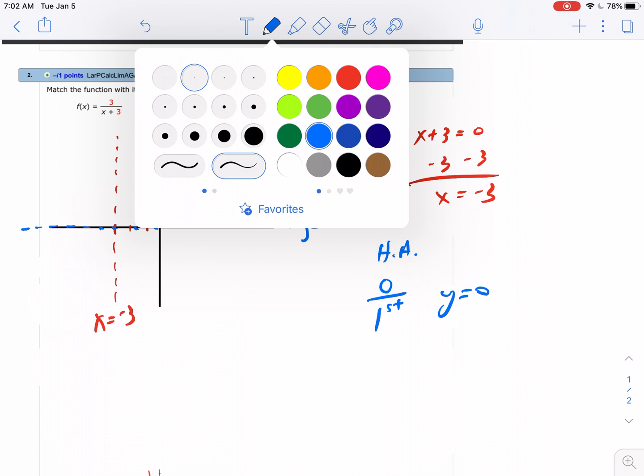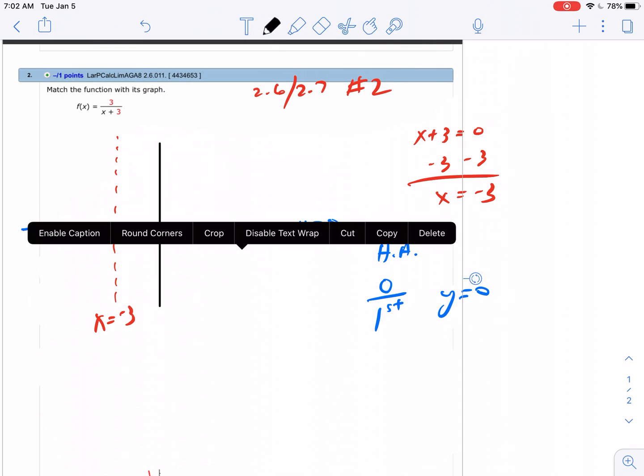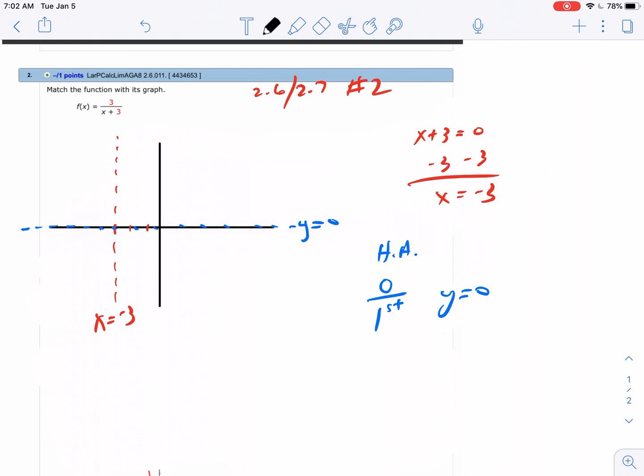And then when we look for the intercepts, like if I was going to look for the y-intercept, that is when x is 0. So when x is 0, I would plug that in. That goes on the bottom, and I'm left with 3 on the bottom, and I also have the 3 on top. So 3 divided by 3 is 1.